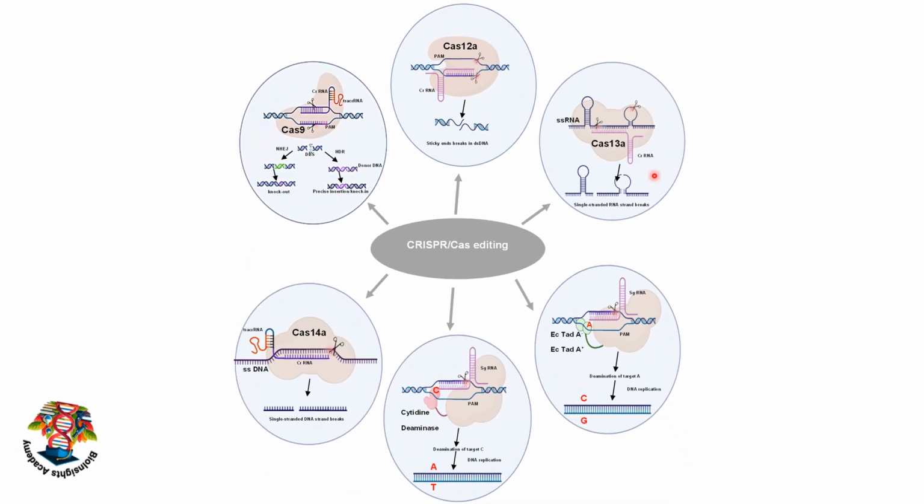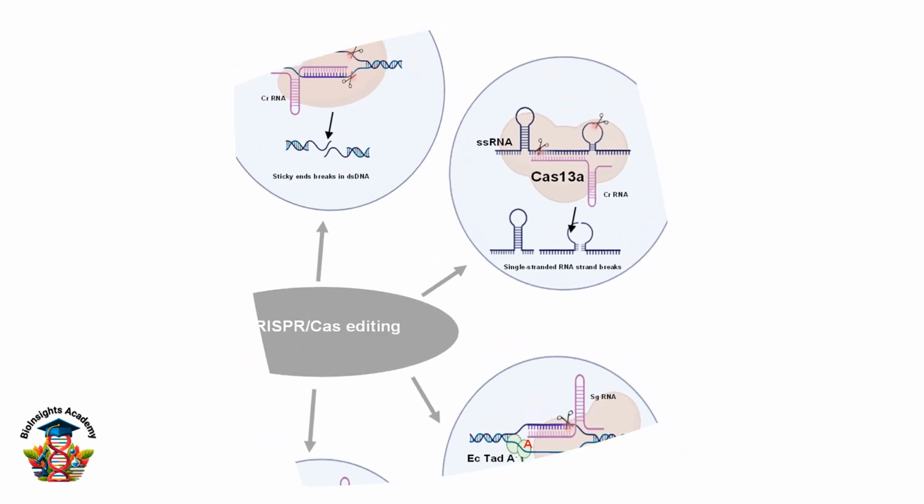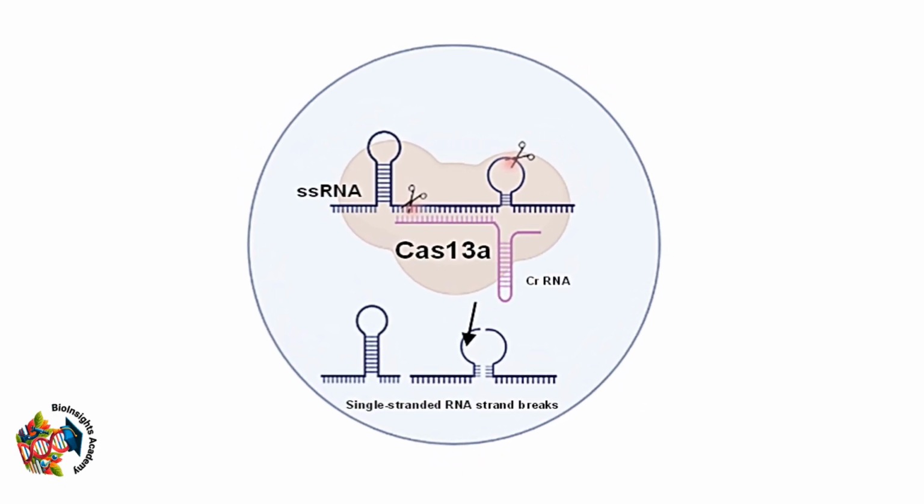Next is Cas13a, which is another member of the CRISPR family, distinct from Cas9 and Cas12a in that it targets RNA rather than DNA.